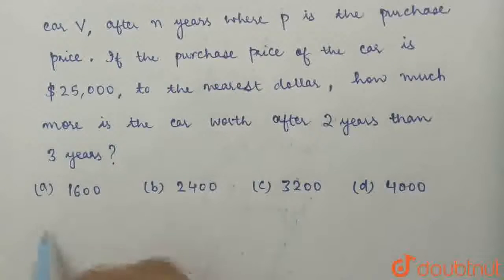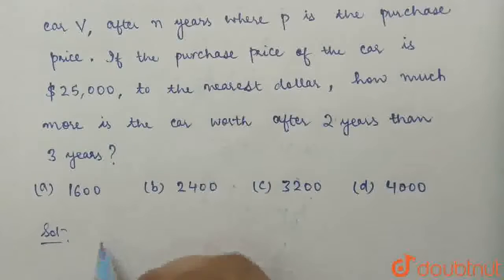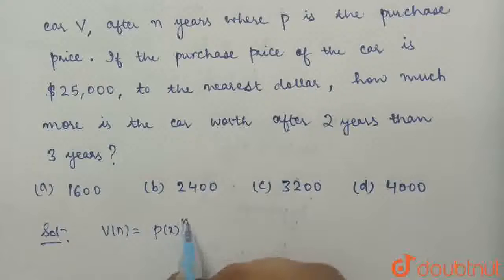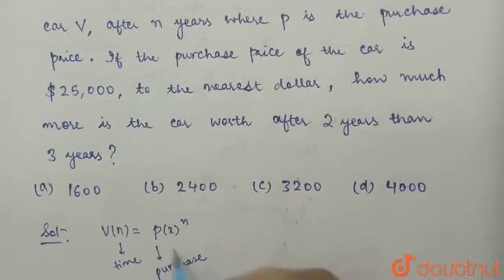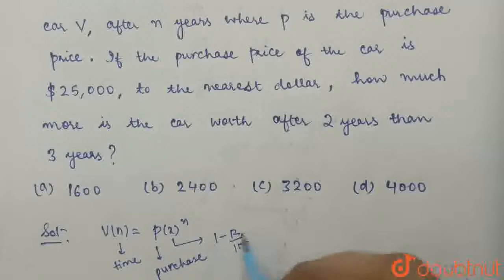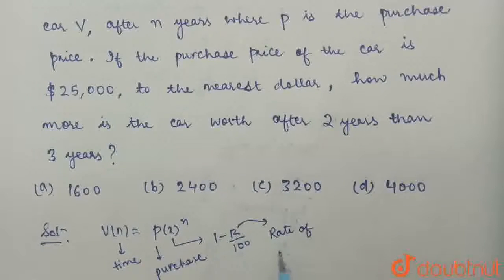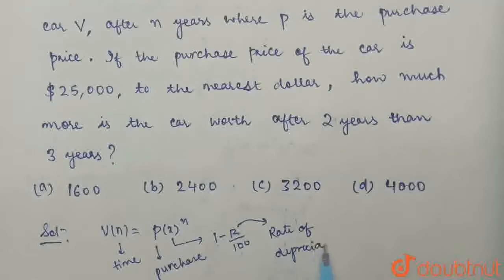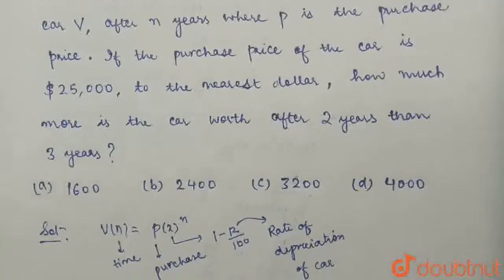So our solution is, we are given the expression to calculate the value of the car, that is V(n) = P(x)^n, where n is the time, P is the purchase price, x is 1 minus r upon 100, and r is the rate of depreciation of the car.